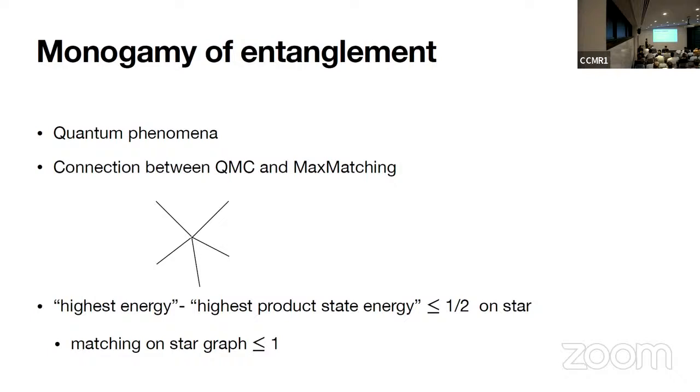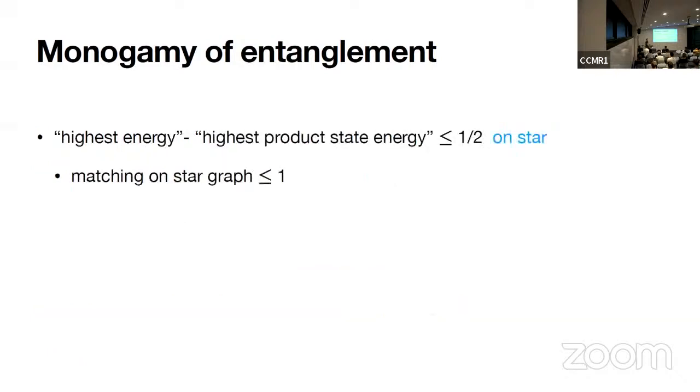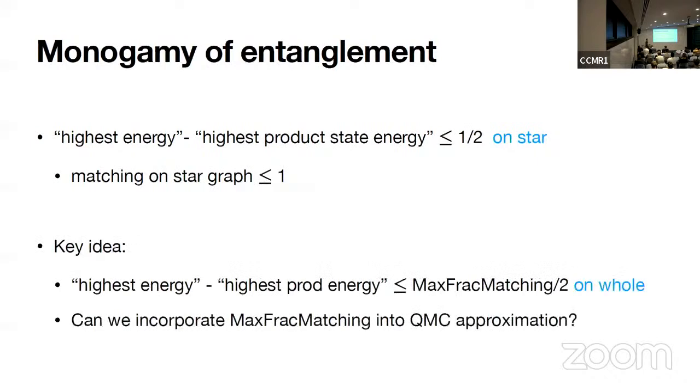The energy is the objective function on a single edge, 1 minus x. Right, correct. And also notice that matching on a star graph is at most 1. All right, so this is what I just said. The key idea to connect maximum matching and our problem is that if you add these inequalities over the whole graph, then highest energy minus highest product state energy is at most maximum fractional matching divided by 2 on the whole graph.